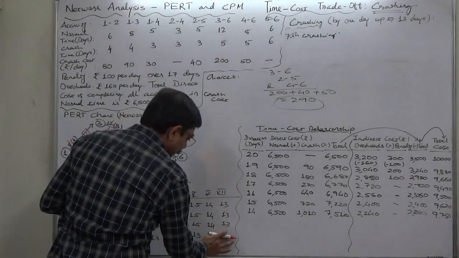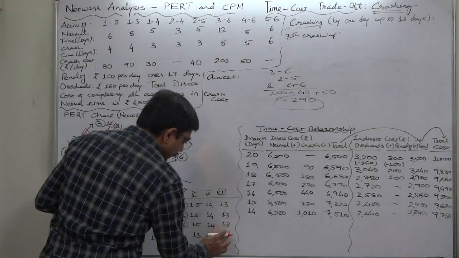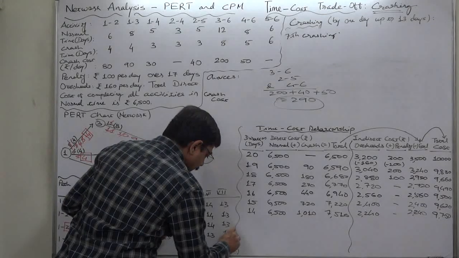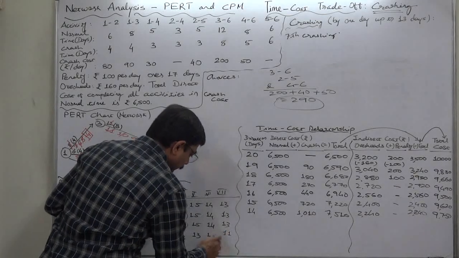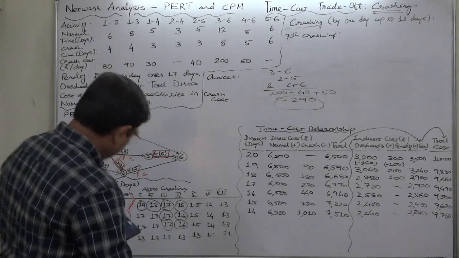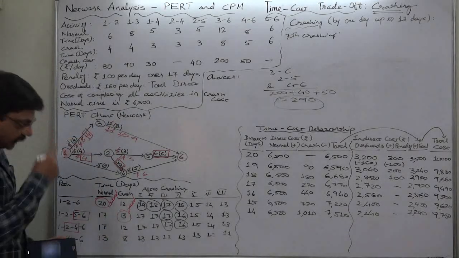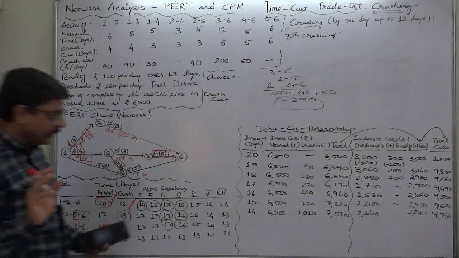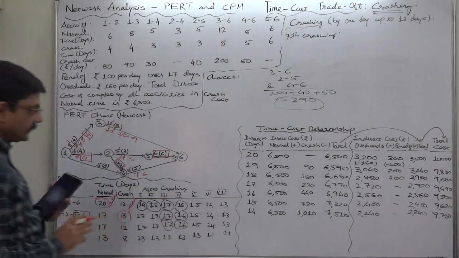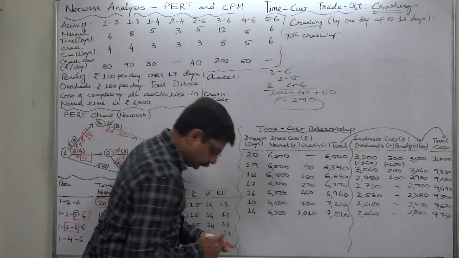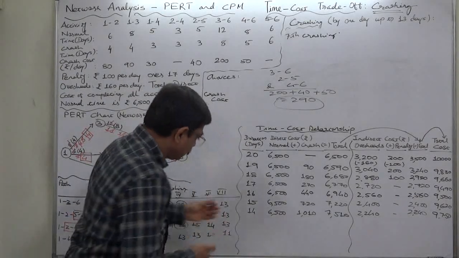This will be now 11 days, and in case of previous that was 12 days, it was my mistake in writing. In a hurry I wrote the wrong number, because 4, 6 is also the part of 4th possible path. I'm very sorry, in a hurry I made that mistake. Now 13. Yeah, 13.